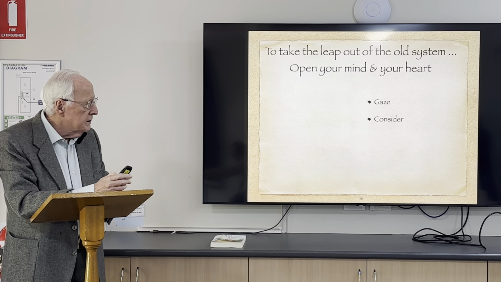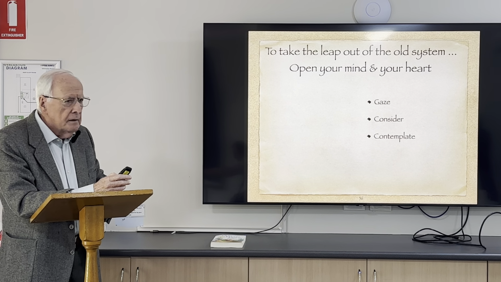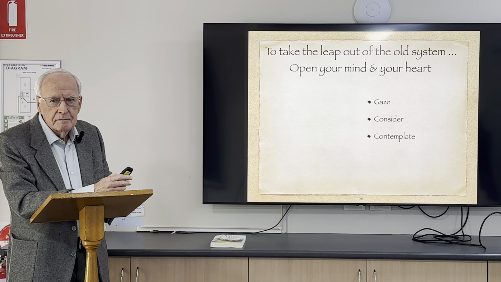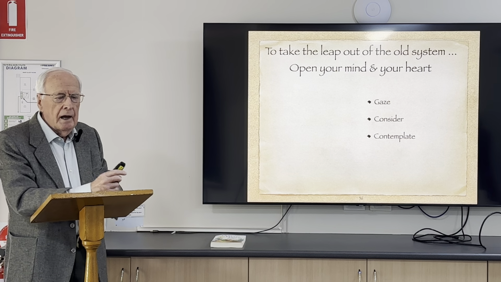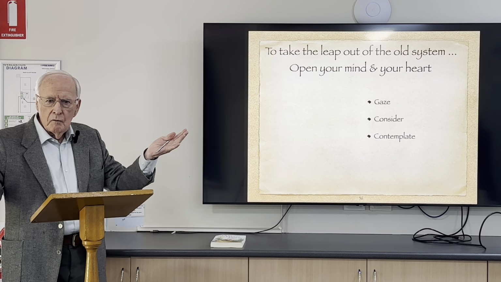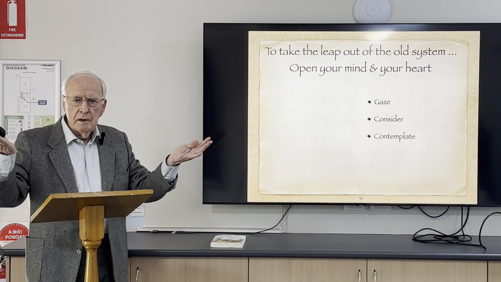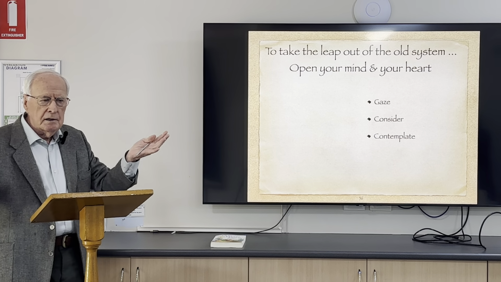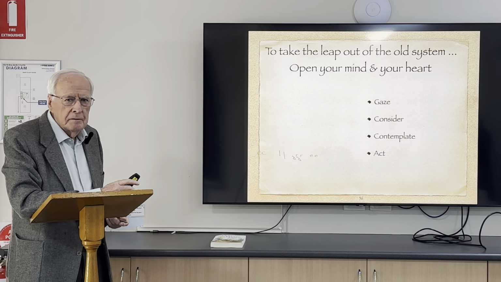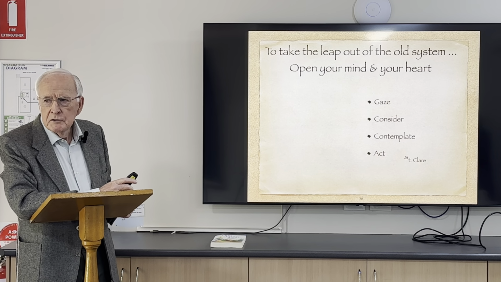Once you've gazed, consider. Then contemplate. Allow God in. Put what you're thinking out there and just allow it to be while you ask, okay, God, what have you got to say about this? This is what I've gazed at. This is what I've been considering. And then act. That was her mantra.